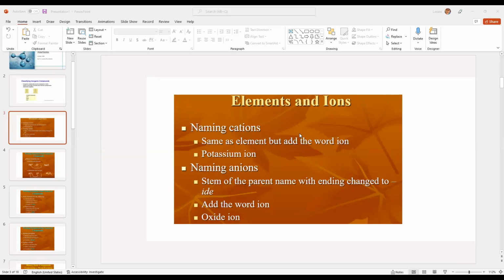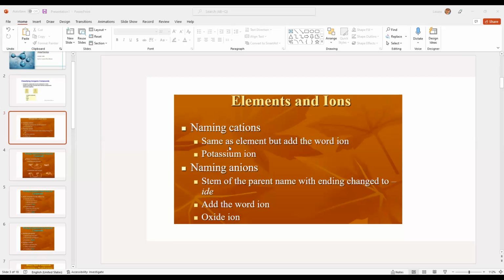An element is one that contains the same number of protons in the nucleus as electrons in the electronic cloud around the nucleus. The atoms are neutral, while ions are elements that have lost or gained electrons, so they have a positive charge or a negative charge.